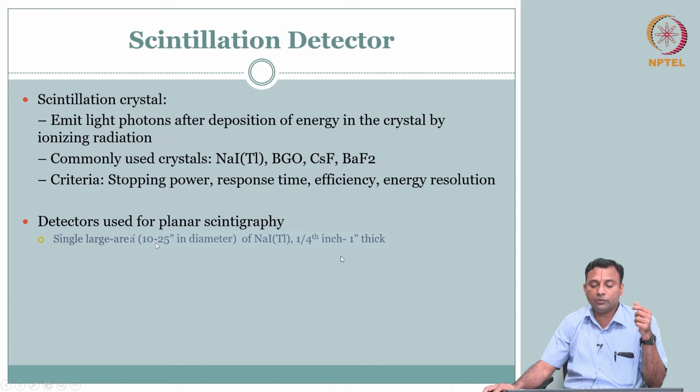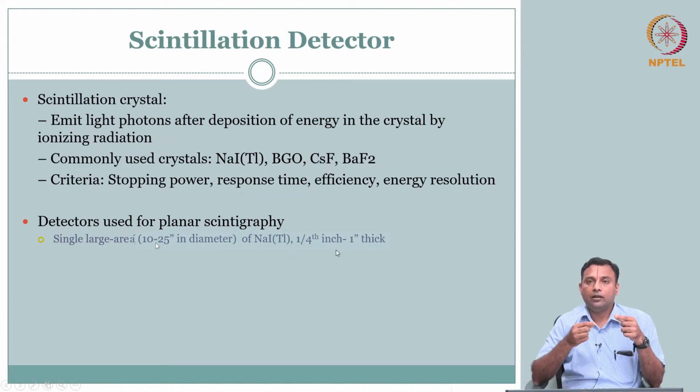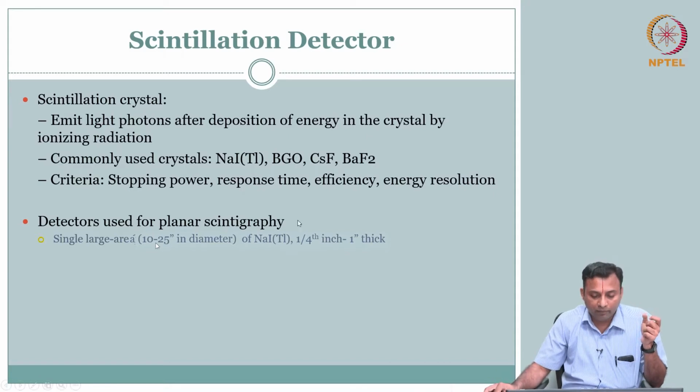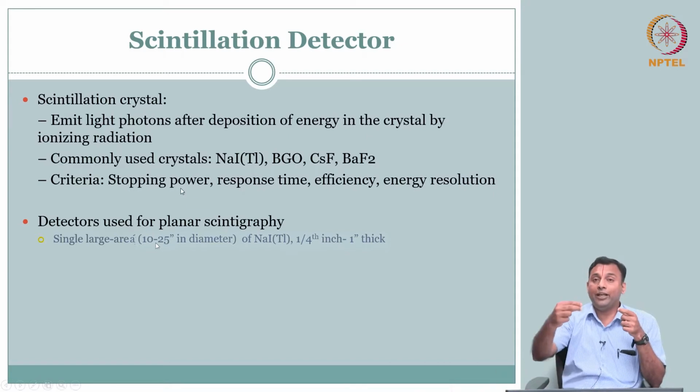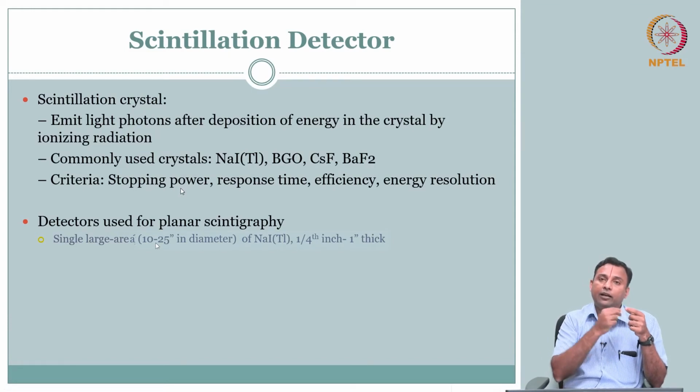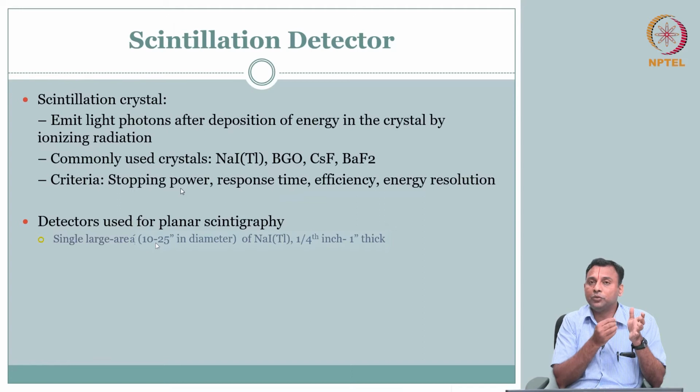Clearly you know why this thickness is an important parameter: you need to have stopping power. You need the gamma rays to have time to interact and convert gamma photons to light photons. And what is the other issue controlled by the thickness? If it is thicker, your resolution suffers, the same thing affects here also.